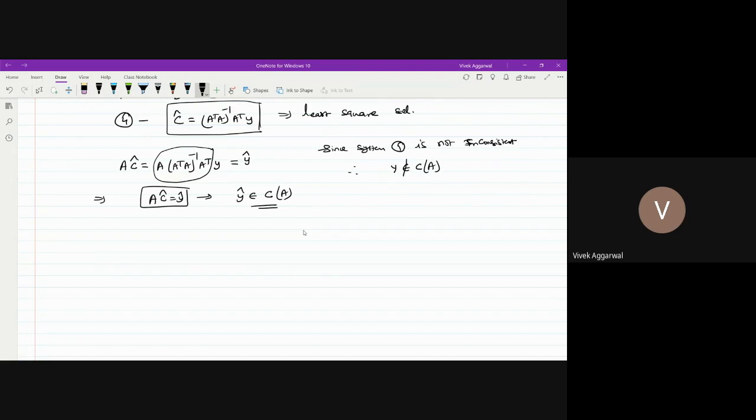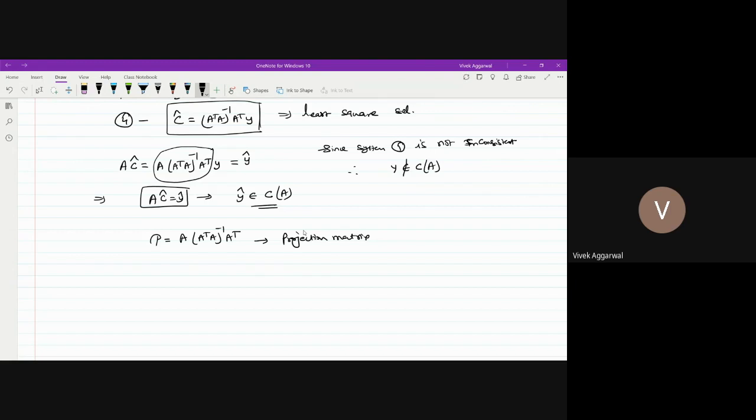And from here now I can say that we have a projection matrix P, that is A transpose A inverse A transpose. So this is my projection matrix. The projection matrix P applies on Y, projecting Y, and I get the new Y, that is Y hat.